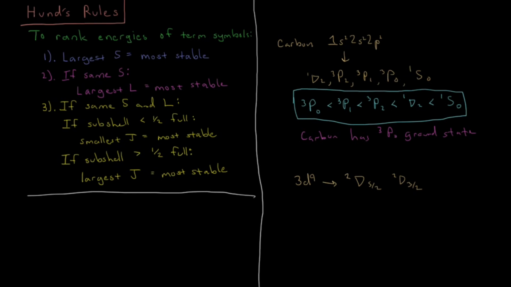So our ground state for this hypothetical atom is going to be the largest value of J. So our doublet D 5 halves is more stable than doublet D 3 halves, and our ground state of this hypothetical atom is in fact the doublet D 5 halves term symbol.